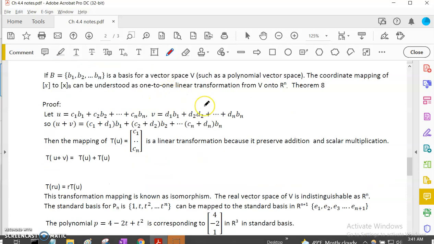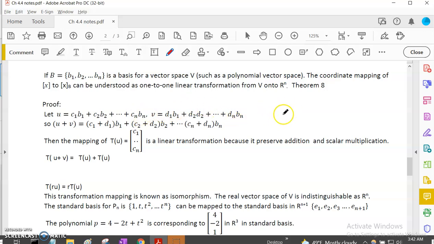So for example, under the new basis, a vector U is C1 times B1 up to Cn times Bn, and another vector V is equal to D1 B1, like that.